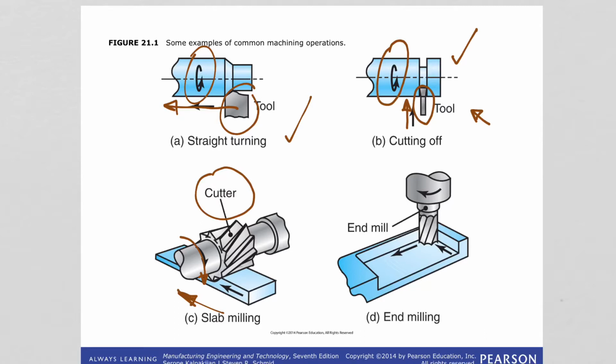And there is end milling. A rotating cutter, again, rotates, and travels to a certain depth in the workpiece, producing a cavity. So this produces a cavity, and the other one is removing surface material.